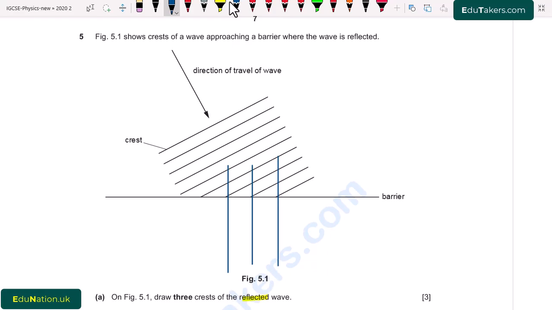I have drawn the normal, and we know that when a wave is reflected, it has two angles: the angle of incidence and the angle of reflection. Both of these angles must be equal.